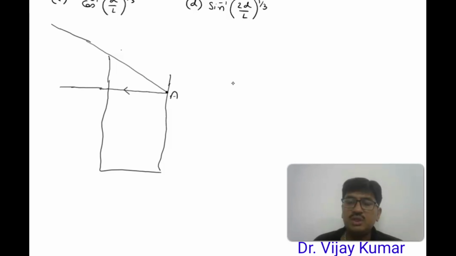It should be the reaction force, and suppose this point is B, this is an angle alpha, and at this point there should be a normal.